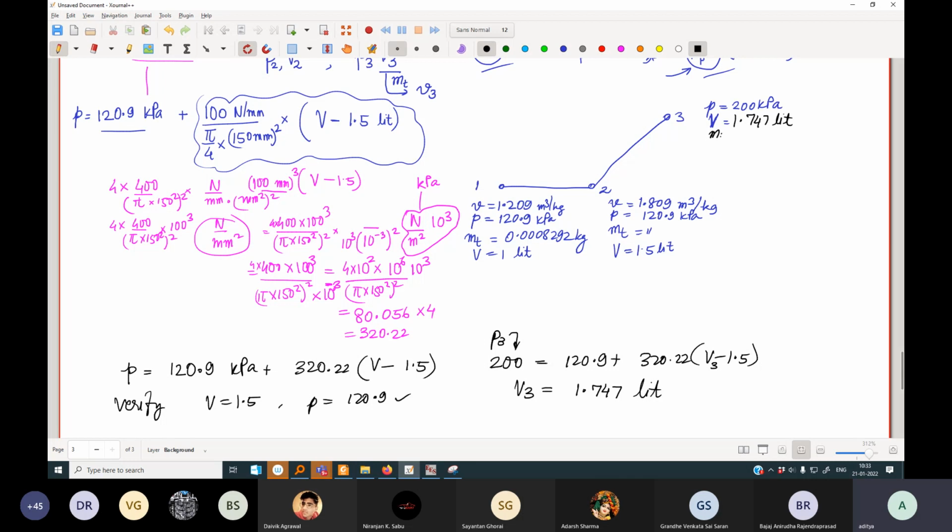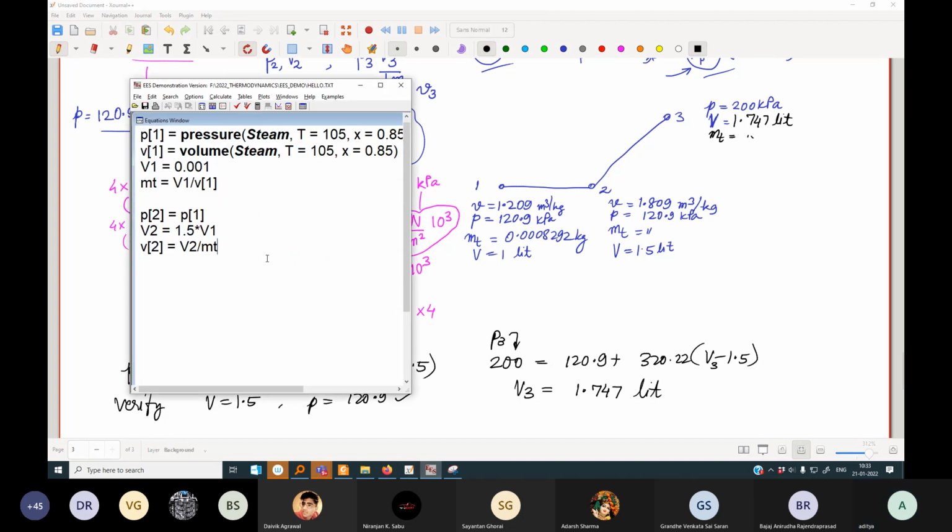That's fine. We know what the total mass is. Total mass is going to be the same. So let's go to ES, and I will write over here P3 is equal to 200, V3 is equal to 1.747 into 0.001. We have converted liter into meter cubed.